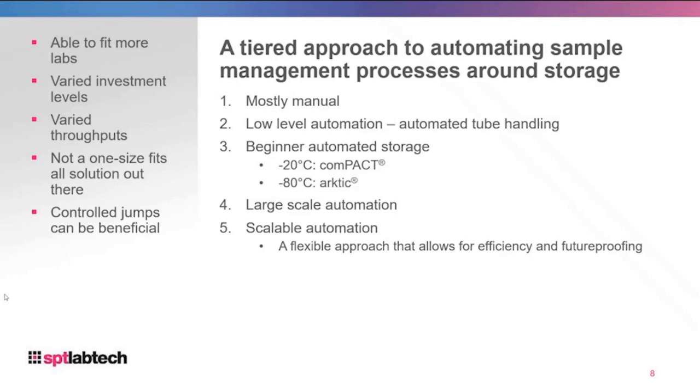And one last thing that I want to highlight is that this gives an example of a controlled jump. It's not the perfect way to go through this system, but it does show some examples of how you can jump from a small level of automation and move throughout your laboratory story, if you will, to a more automated solution.